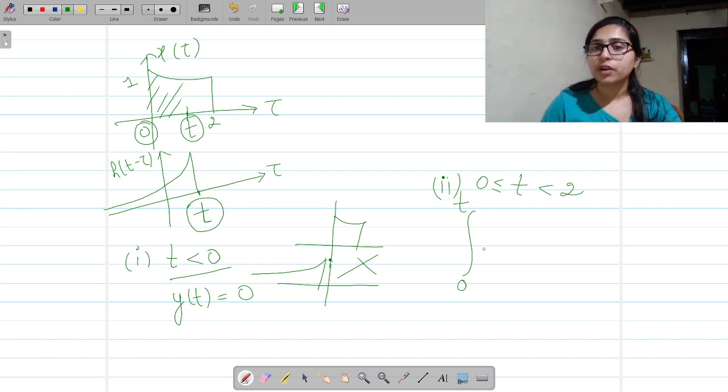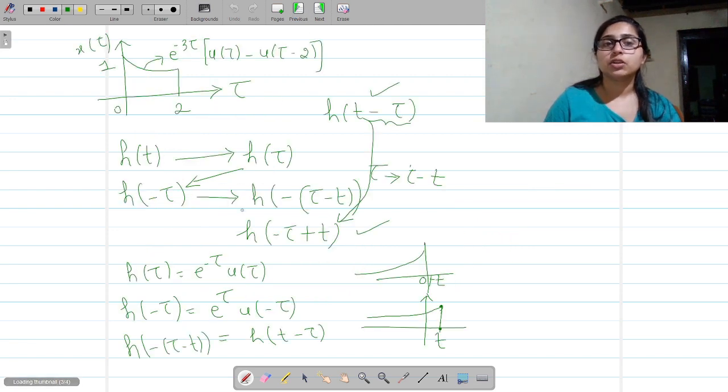So I will write x of tau into h of t minus tau. What is this x of tau? It will be e to the power of minus 3 tau, right? Into h of t minus tau. What is that value? You can see here, it is e to the power of t u of minus tau.